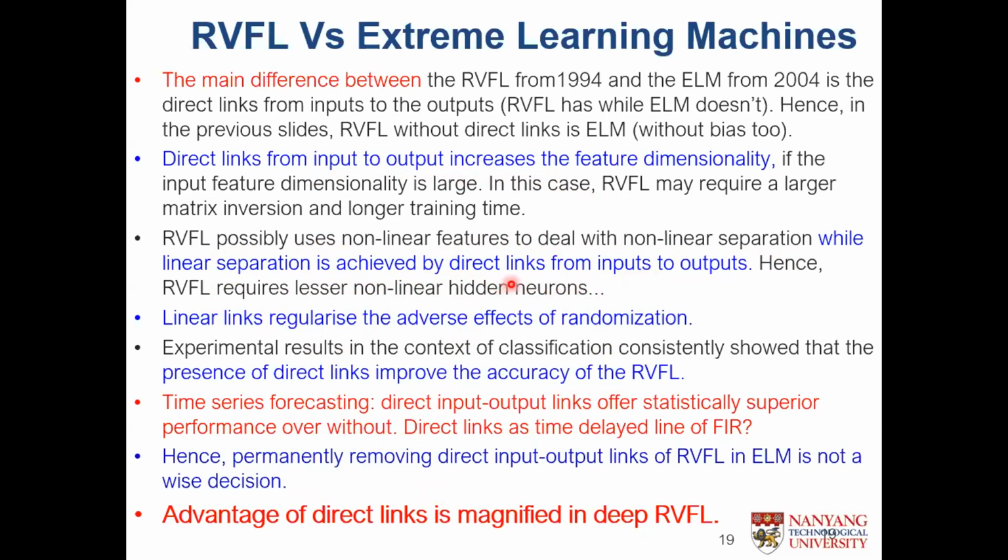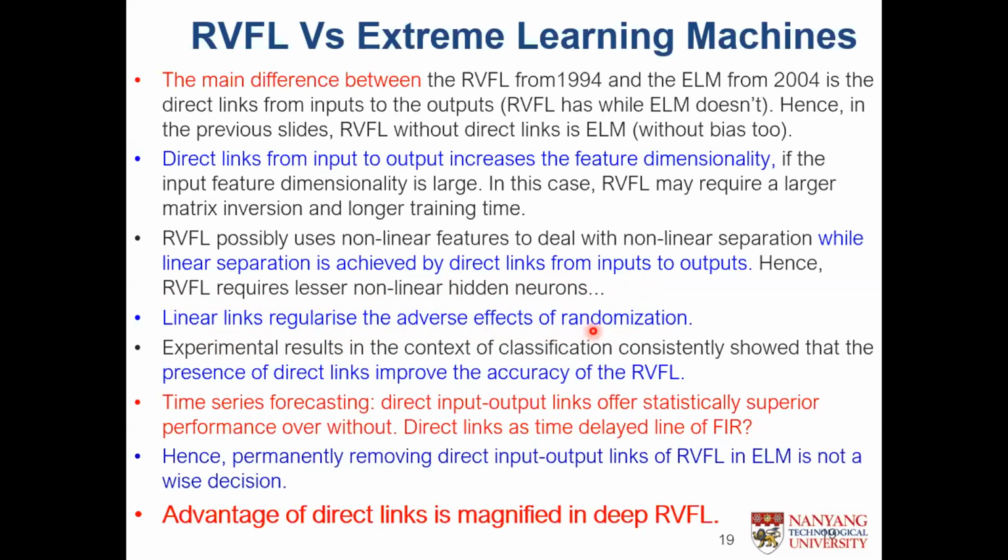Because of this property, usually RVFL requires a smaller number of hidden neurons. And the direct links regularize the adverse effects of randomization. This regularization of randomization is required when we go for deep versions.